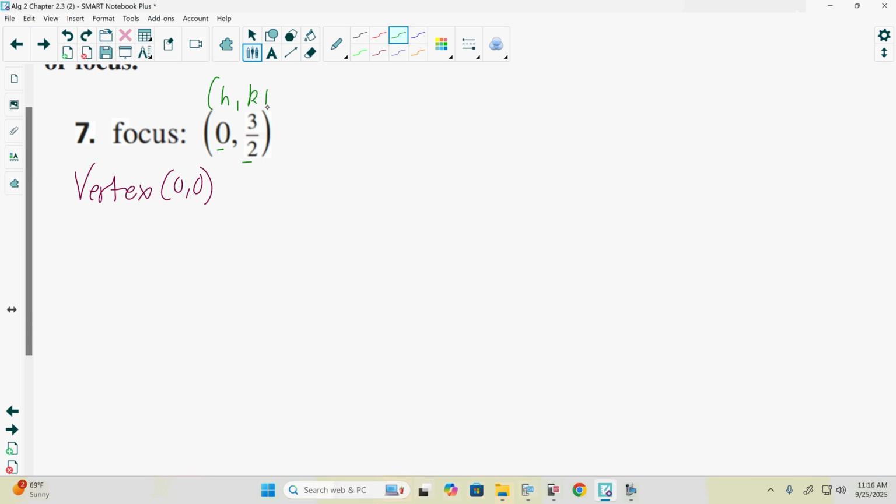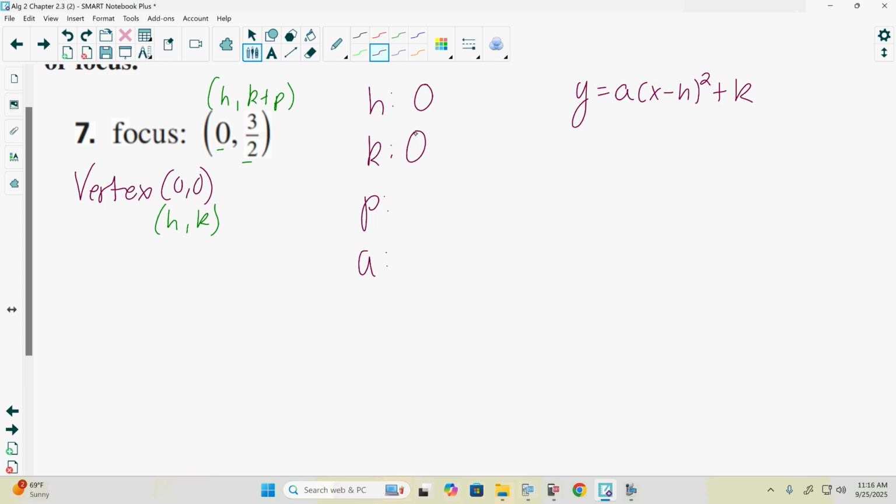So the general form would be h, k plus p. The vertex is still the point h, k. We do need to find p and a. Because the focus is the point h comma k plus p, our general form is y equals a times x minus h squared plus k. Well, h and k are both 0, yes?